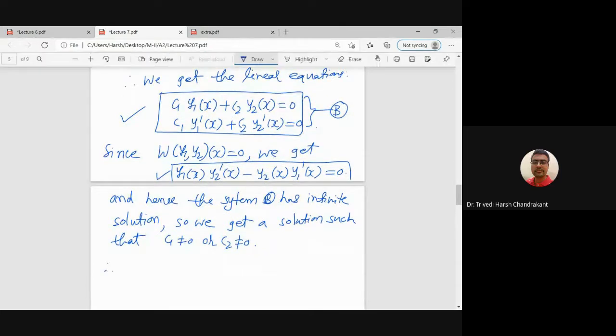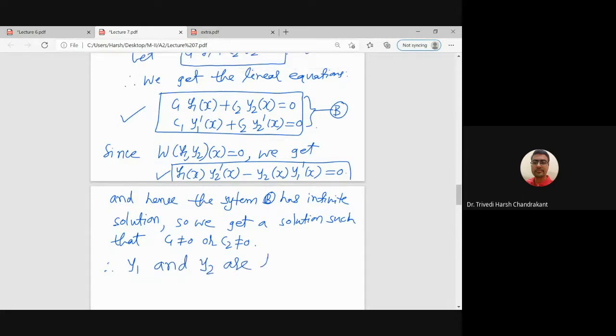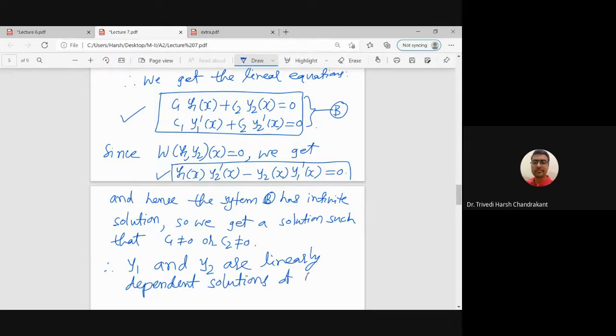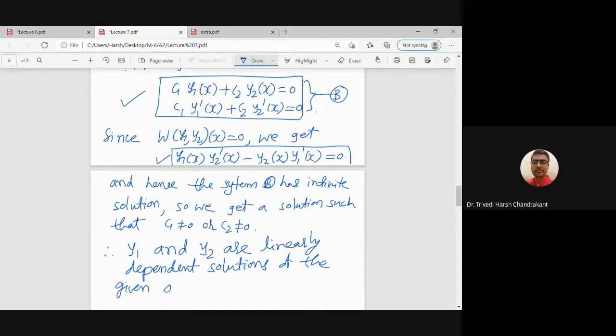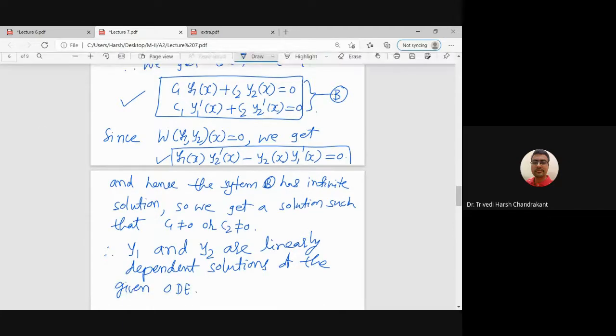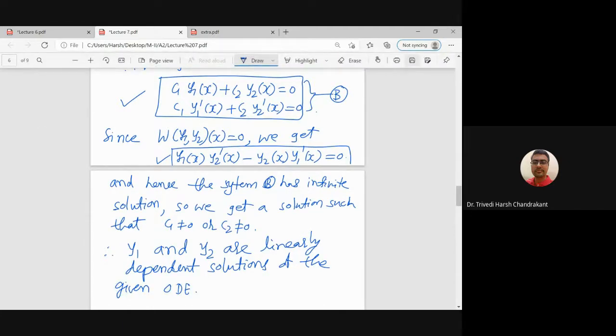Therefore y1 and y2 are linearly dependent solutions of the given ODE, a second order homogeneous linear differential equation.